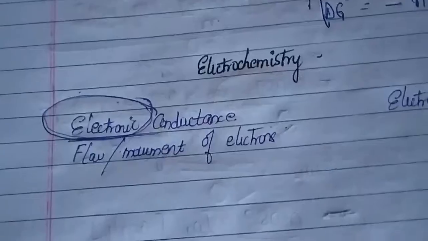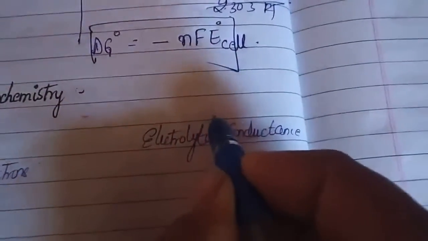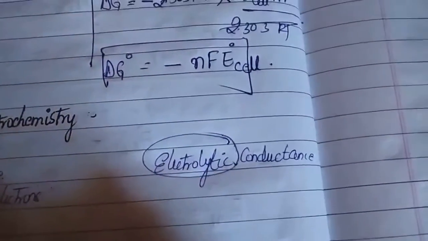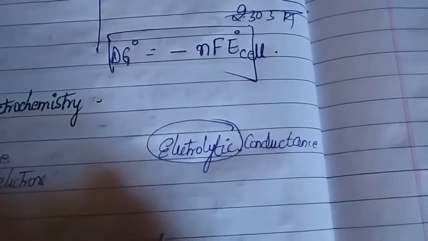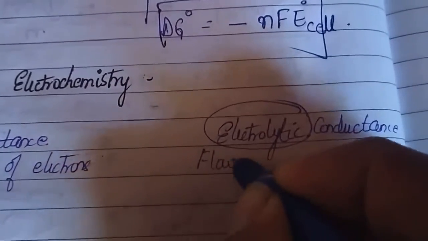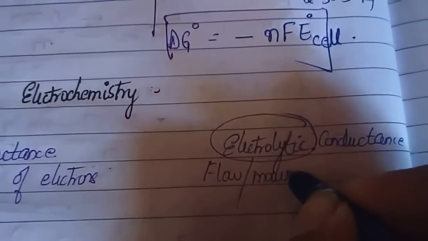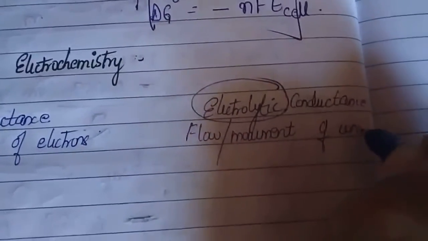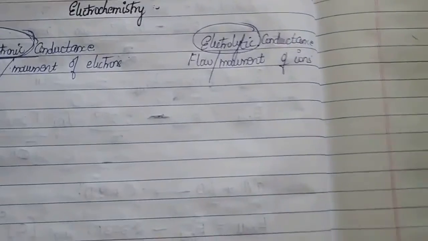Similarly, electrolytic conductance means, here also we are observing conductance, but the reason for it is the flow or movement of ions.